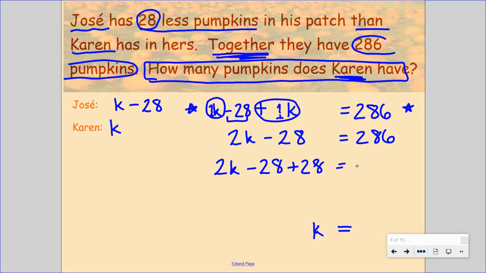And of course, we will be fair to both sides, because 28 and negative 28 cancel out. That leaves us with 2 k's on one side. Let's add 28 to both sides.